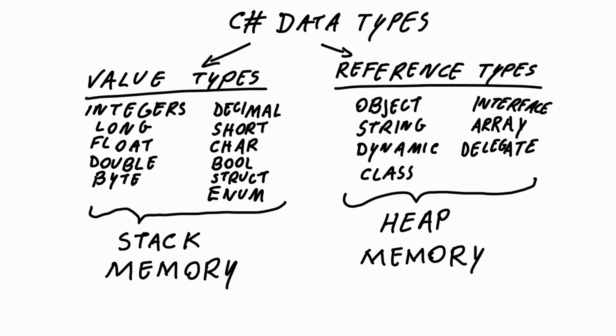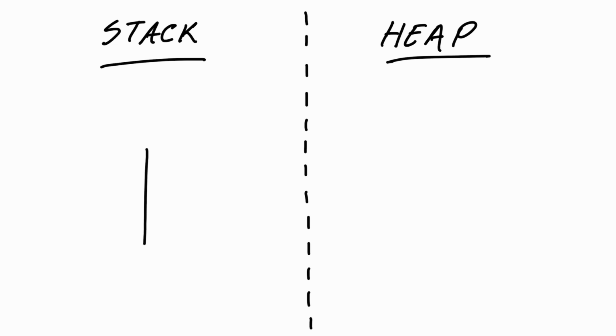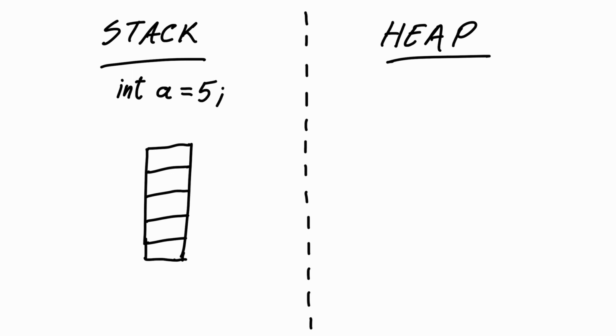The stack memory is like an array, or more like a stack of dishes in the sink. It follows the last in, first out, or LIFO principle, which means that data can be added to and deleted only from the top. Let's say we assign to the integer a the value of 5. This value of 5 gets directly stored on the stack.